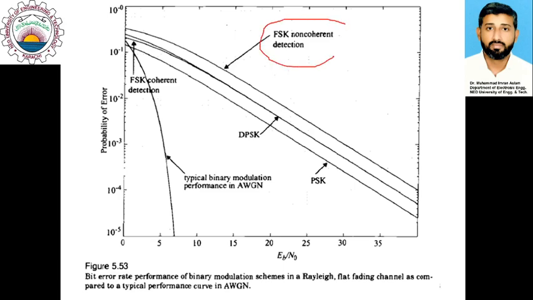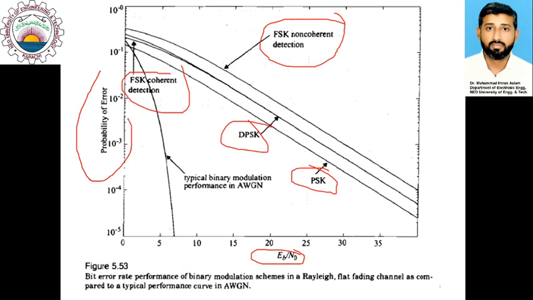These are non-coherent FSK, coherent FSK, DPSK and PSK. The horizontal axis represents Eb/N0, and the vertical axis represents the BER. The common trend is that when we increase Eb/N0, that means if we increase the bit energy, the probability of error goes down.